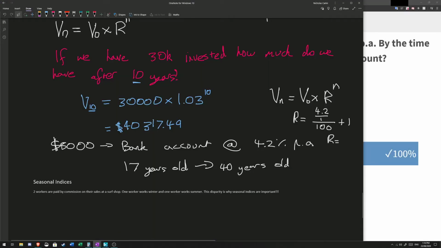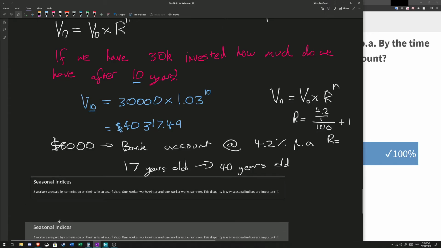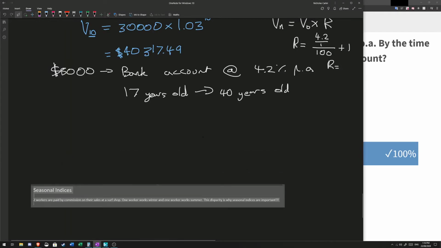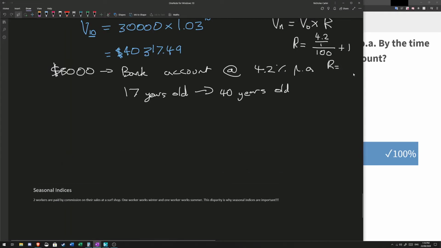So just to reiterate, I'll just move seasonal indices down. We'll go through them quickly at the end. V23. Okay, so that's part of this question. 40 take away 17, which equals 23.